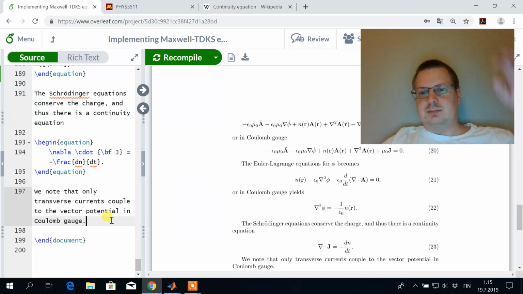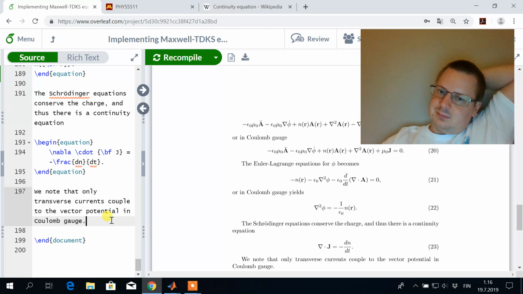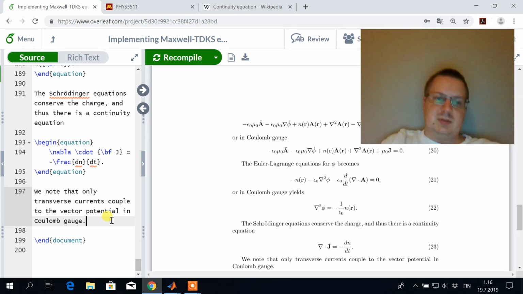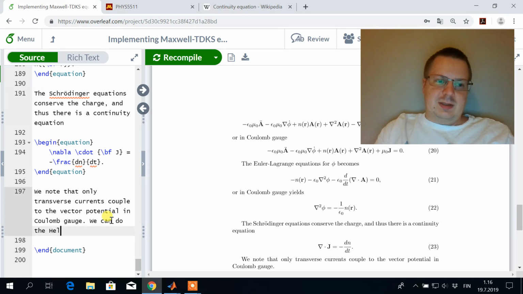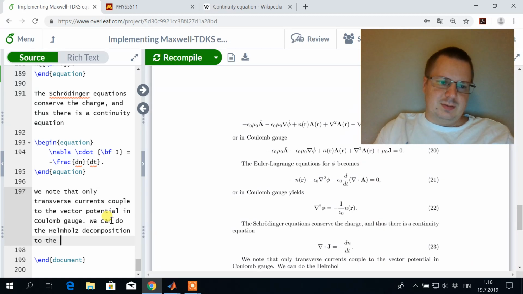So we can do the Helmholtz decomposition of the current.